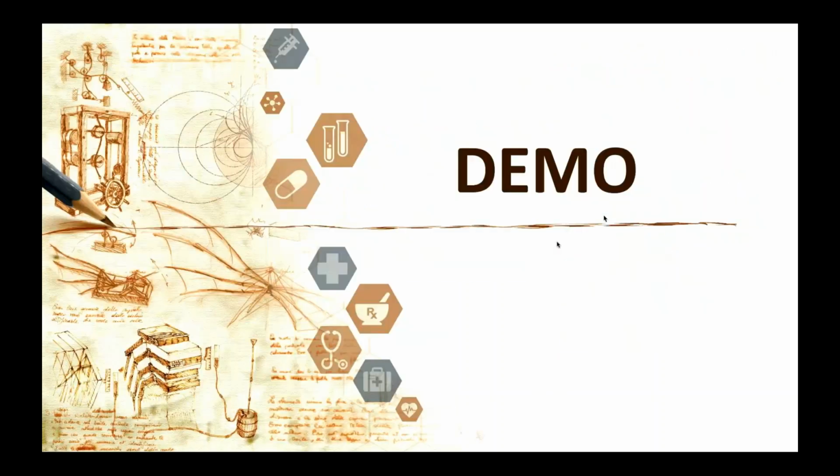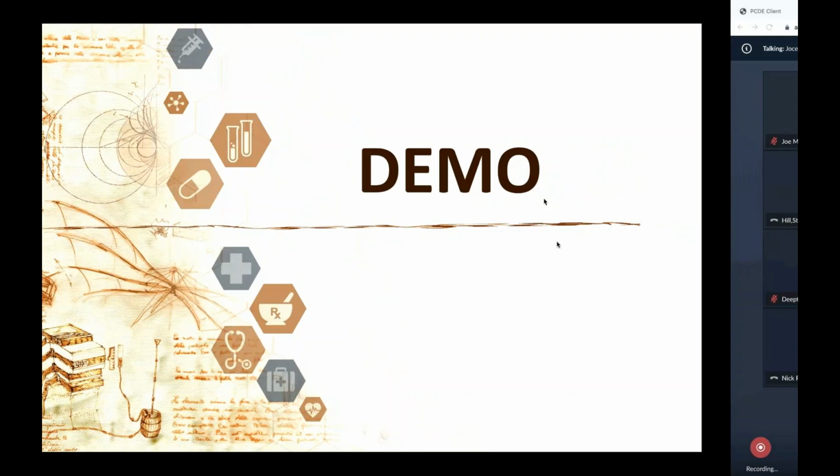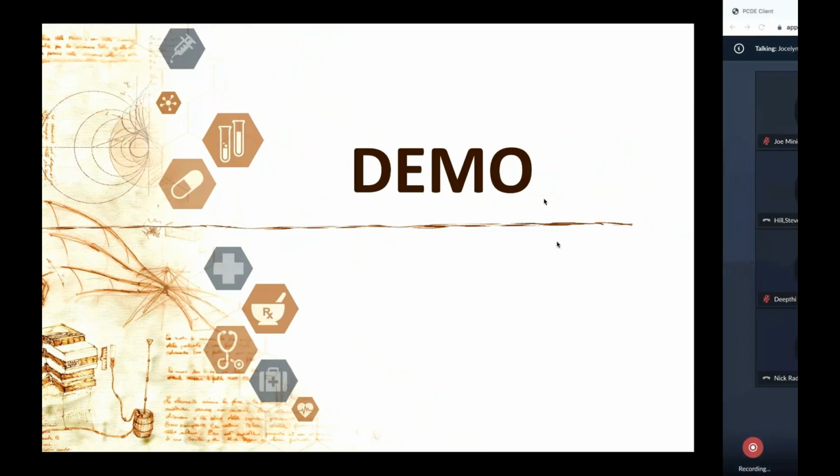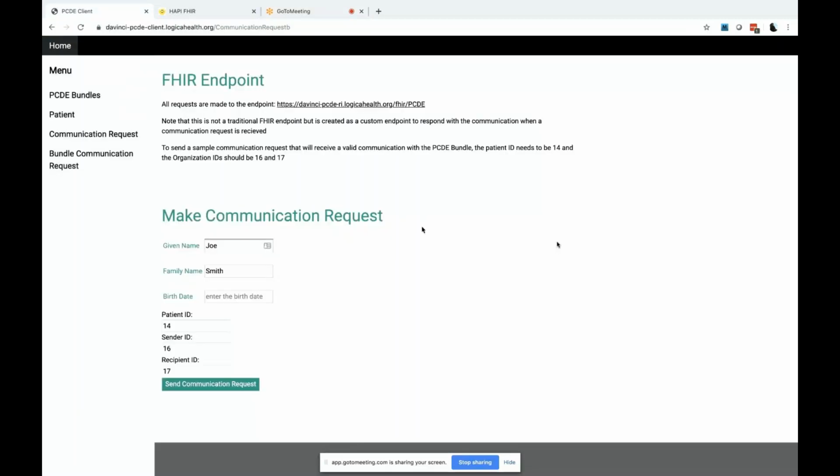All right, and so last I'll have a short demo. In this case, this is just a client app that I have created, and this would potentially be the new payer.